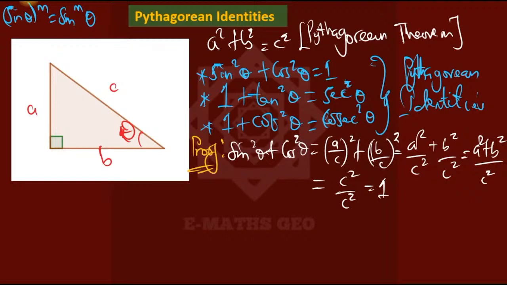Now let's divide what we've gotten by cos squared. We've gotten that sine squared plus cos squared is 1. So let's divide both sides by cos squared.